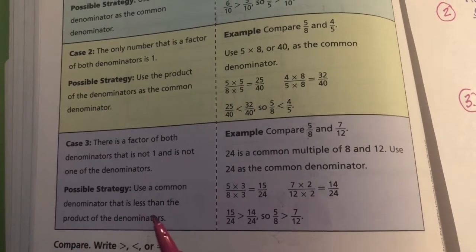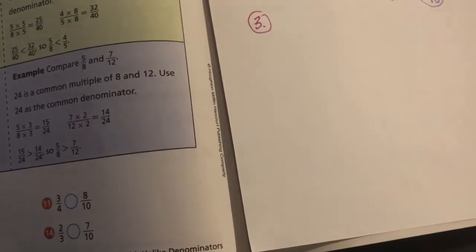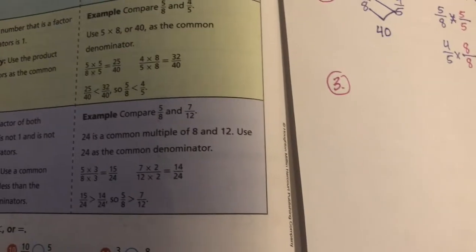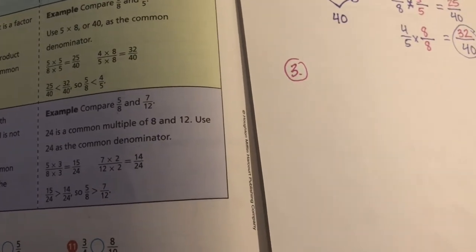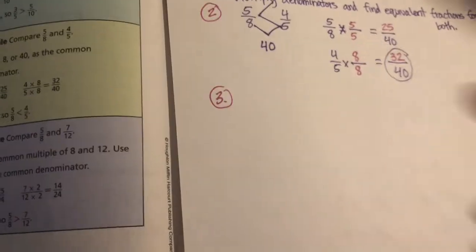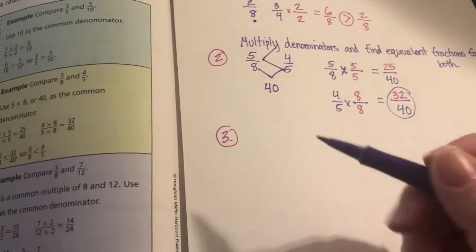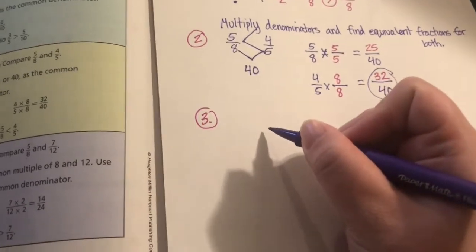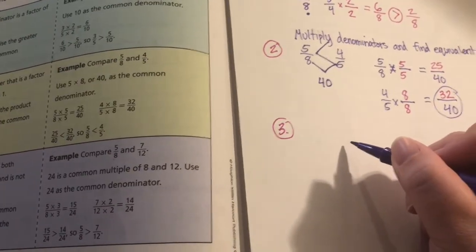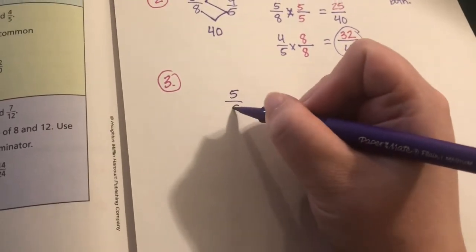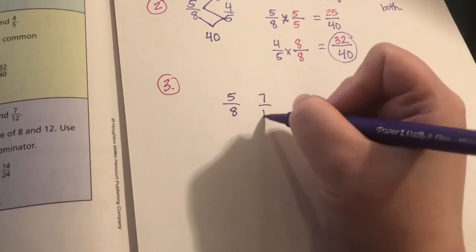Use a common denominator. Okay, so this one, sometimes like that second rule we did, you would come up with really, really high numbers. Like we're going to have the numbers 5/8 and 7/12.